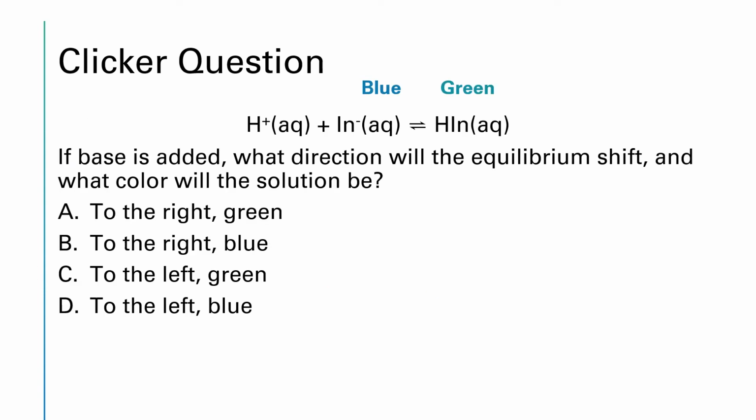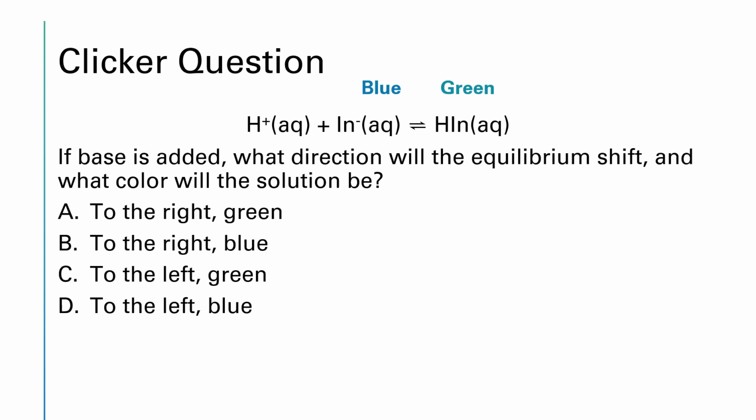This question is asking about the equilibrium that's established with acid-base indicators. Acid-base indicators are weak acids that establish an equilibrium where the 2 forms of the molecule have different colors.